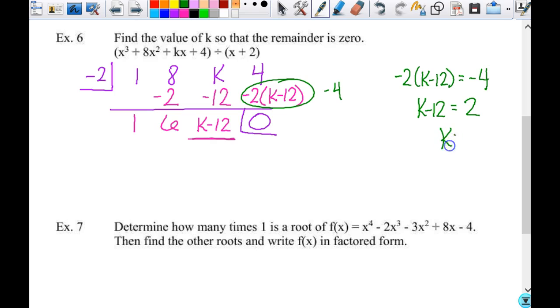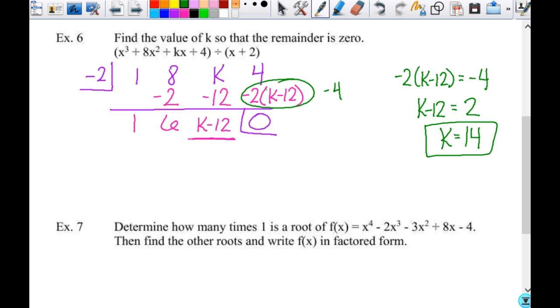So k equals, I got to add 12 to both sides, so 14. And then if you go back here and look at what would happen, well, if this was 14 and a negative 12 gives me a positive 2. Negative 2 times positive 2 gives me a negative 4, and that works out just fine, okay? But you have to be able to set up and solve simple little equations. Yes? Okay.